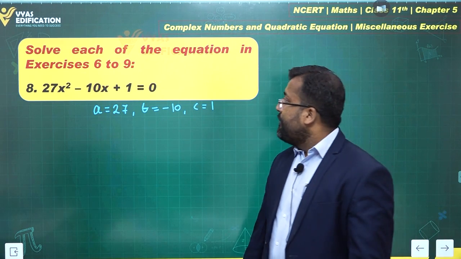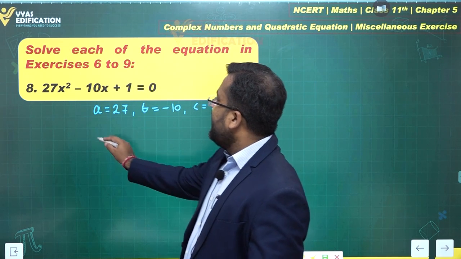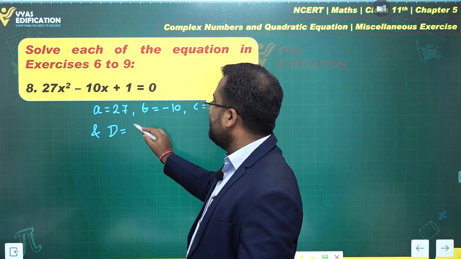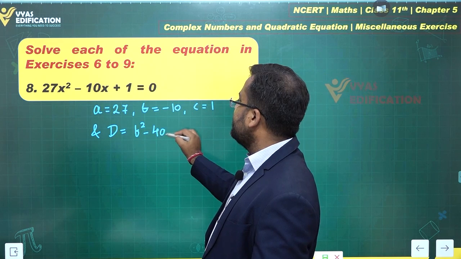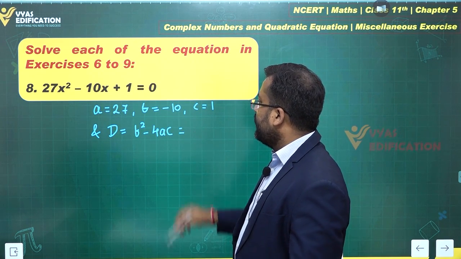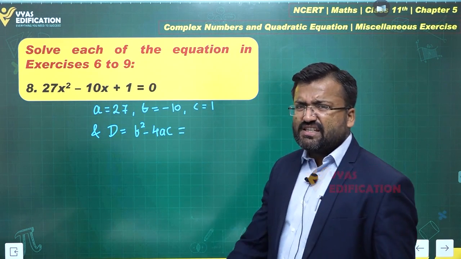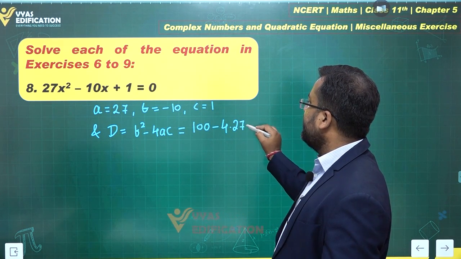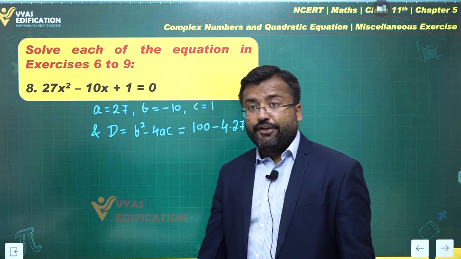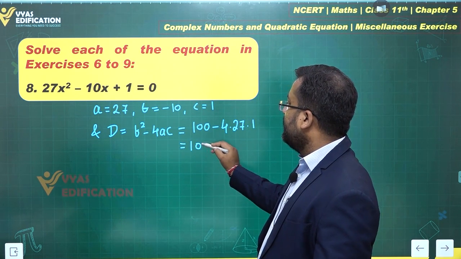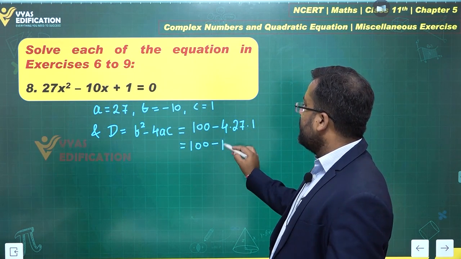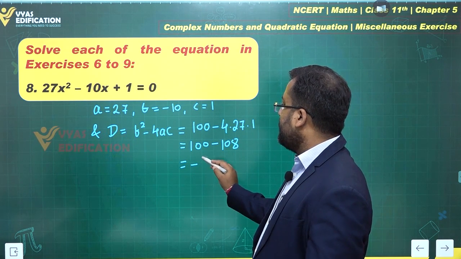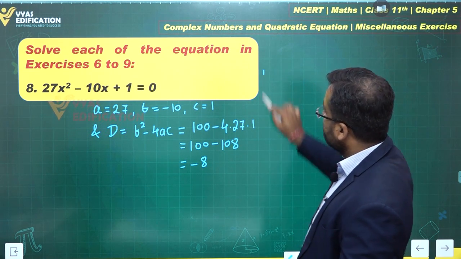And D, that is the discriminant, is b square minus 4ac in this equation, and what you get is b square, which is minus 10 square, which is 100, minus 4 into 27 into 1, 4 into a into c. This is 100 minus, what is this, 108. This will be minus 8. Okay, discriminant is negative.